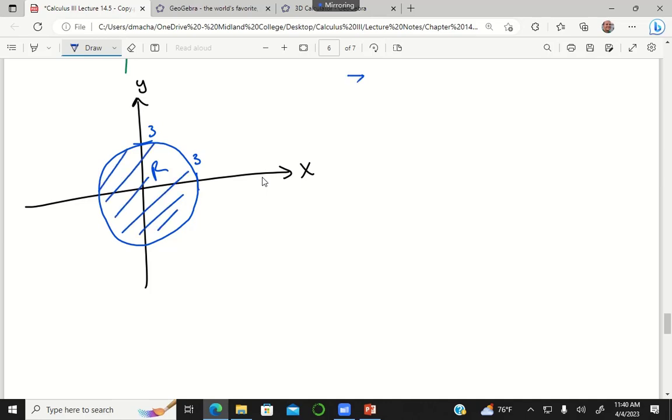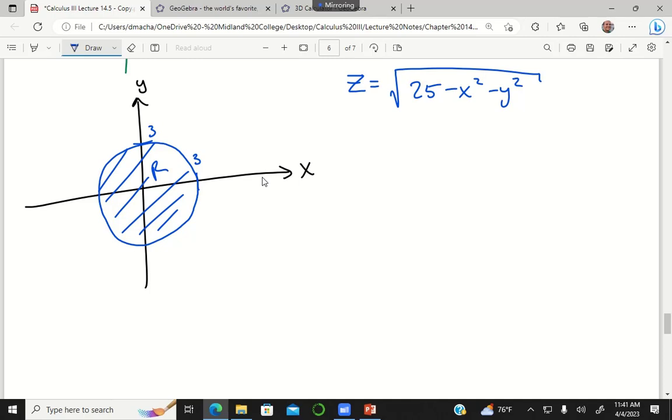And then the surface that we want to find the surface area of is going to be the square root of 25 minus x squared minus y squared. Right? That would give me the top half of the sphere, and I only care about the part that's above the xy plane anyways, and so that's going to work.